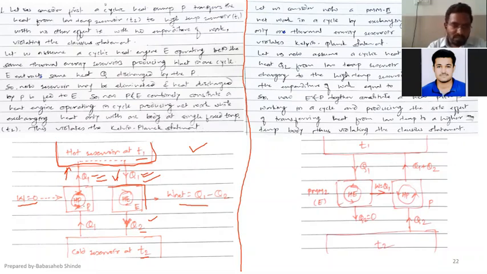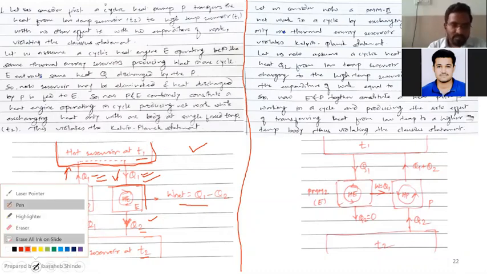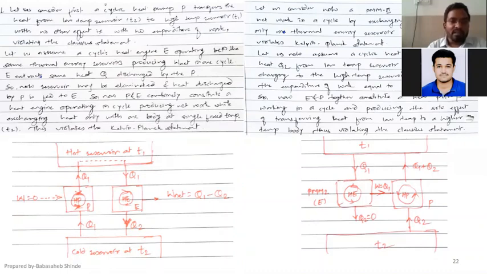Now, if the heat rejected by the heat pump and the heat accepted by the heat engine are the same, let's remove this reservoir. So what do we do? We remove this reservoir, and here I have shown that connection with a dotted line. So here what we have done is eliminate this reservoir.